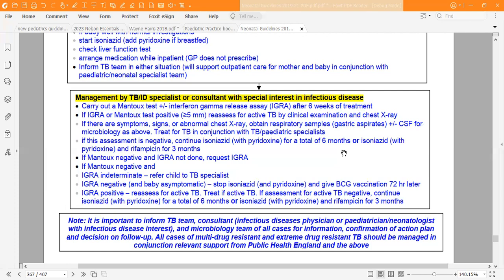If Mantoux negative and IGRA positive, reassess for active TB and treat for active TB. If assessment for active TB is negative, the specialist will continue isoniazid with pyridoxine for 6 months, or isoniazid, pyridoxine and rifampicin for 3 months.